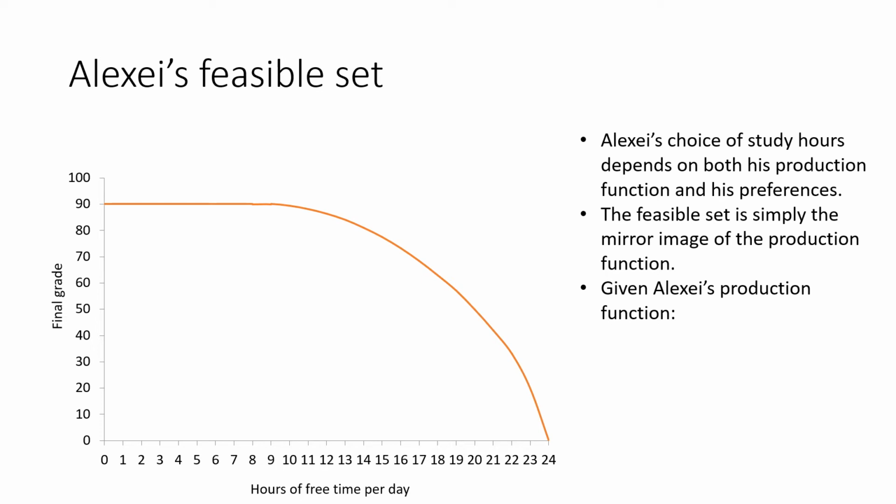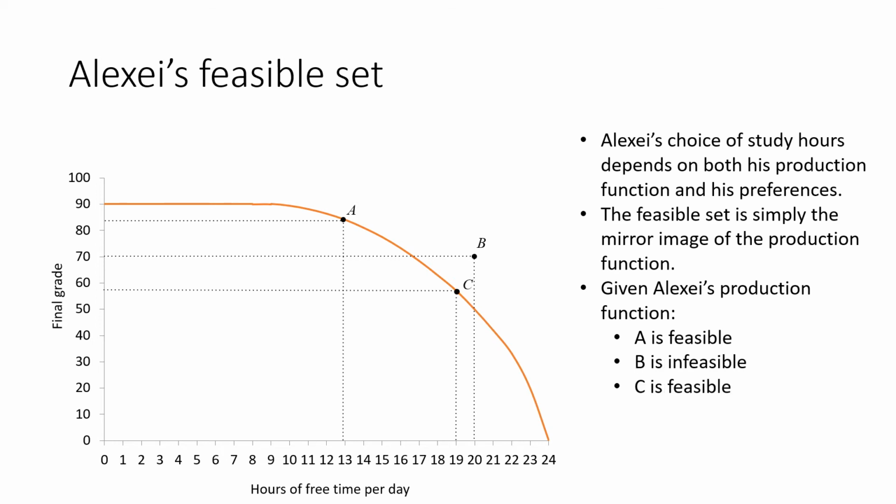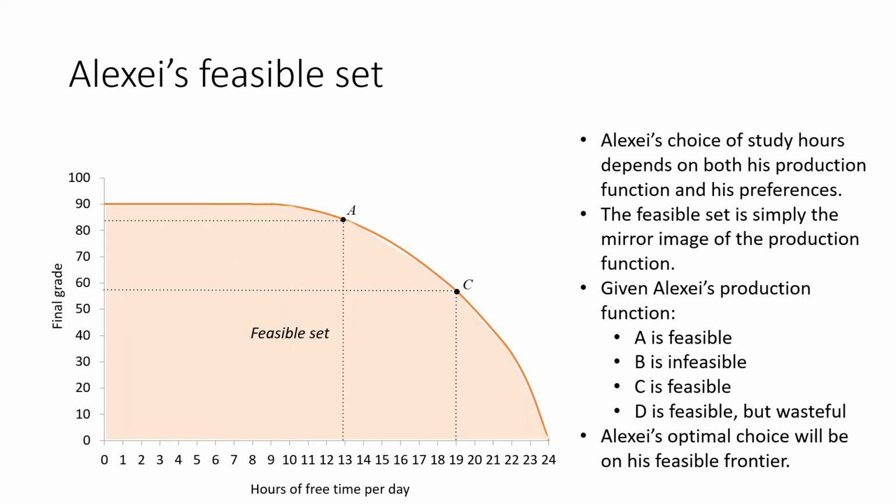Given Alexei's production function, point A is what we call feasible, point B is infeasible as it lies outside of his feasible set, and point C is also feasible. Point D, lying inside of his feasible set, is feasible but wasteful. Alexei's optimal choice will be on his feasible frontier.